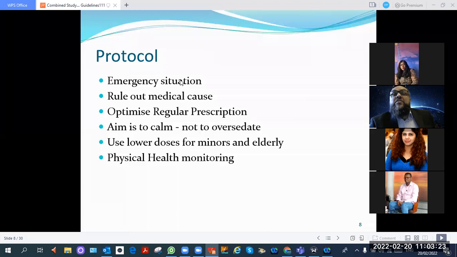And then personality risk factors, and then other personal risk factors, occupational risk factors, access to victim, access to weapon, how safe is the environment, all these things you have to consider. And then the contextual risk factors.